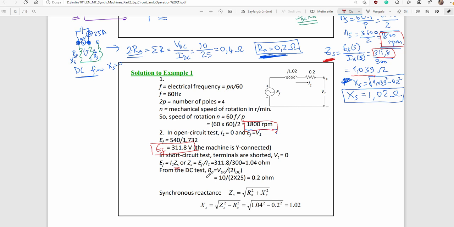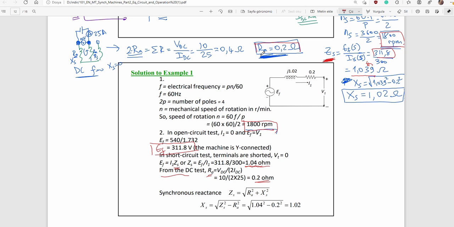Let's check it out. 1.39, yes, it is approximately, you see. You can round it as 1.4. It is almost identical. Okay. From the DC test, the armature resistance is 0.2.